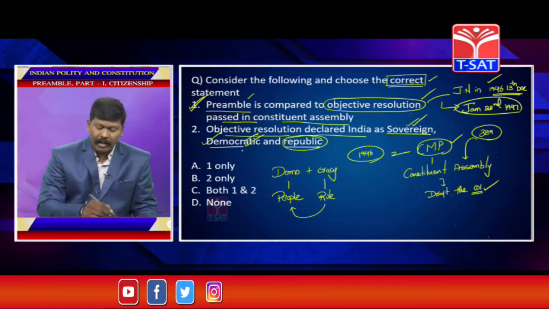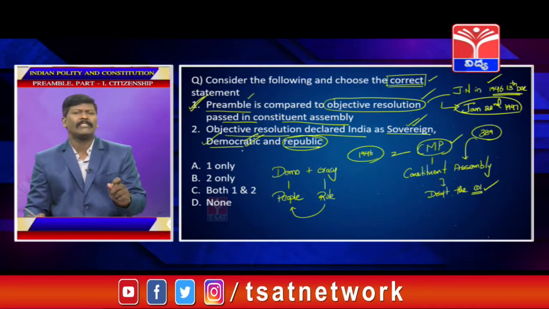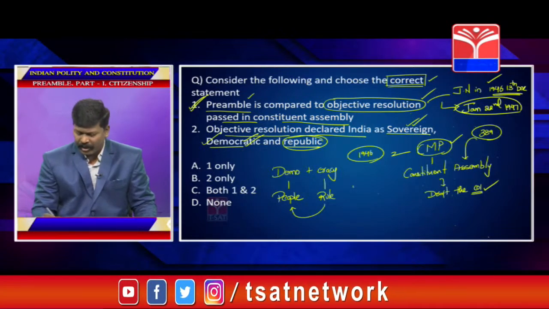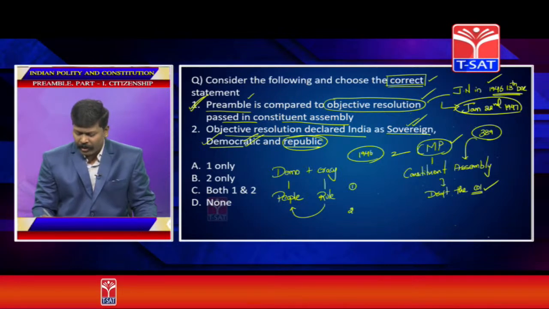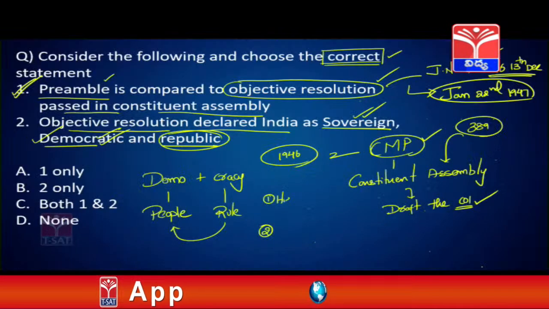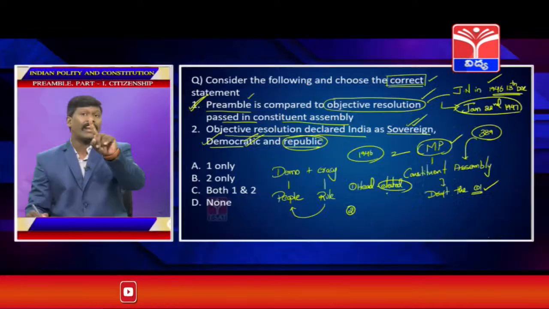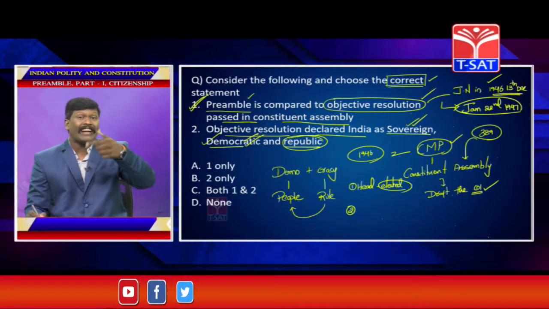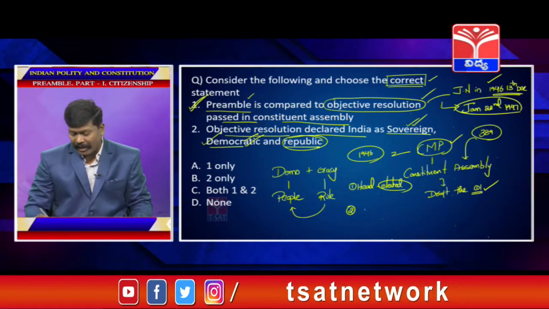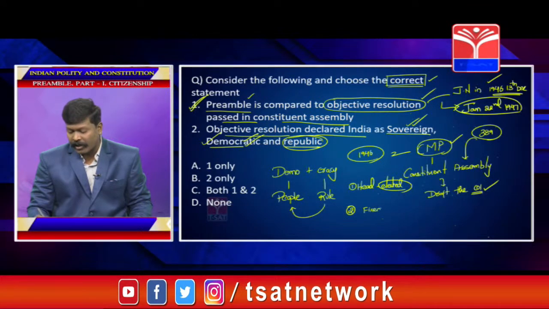And the last one is republic. India is a republic nation. Yes, it has two meanings, friends. Republic means the head of the country is elected, not hereditary. He is an elected representative. Secondly, he has a fixed tenure.